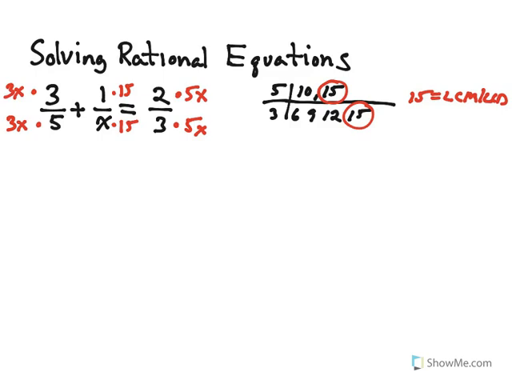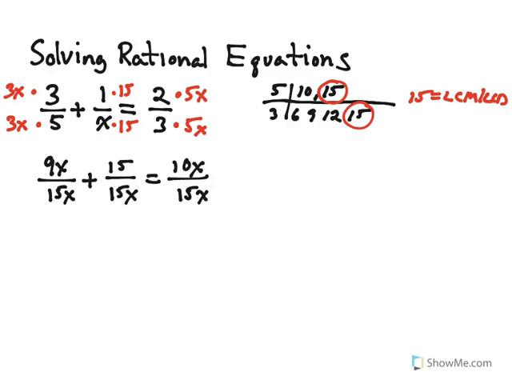If you multiply all the numerators and the denominators together to get a simplified version, this would be 9x over 15x plus 15 over 15x equals 10x divided by 15x. So my LCD is going to be 15x for this particular equation, okay?